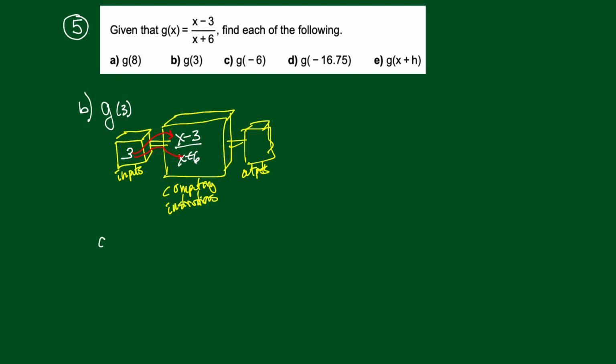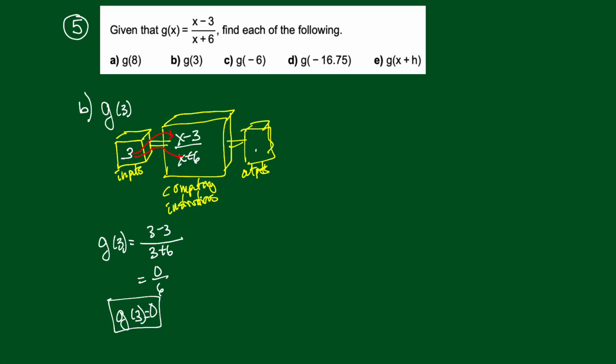So G of 3 is going to be, all right, I'll put the 3 into the top and then a 3 into the bottom, so it's going to look like 3 minus 3 over 3 plus 6. That looks like 0 over 6, which is 0, right? So G of 3 is 0.